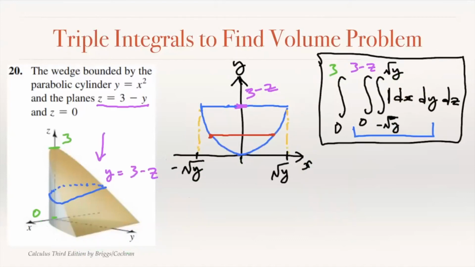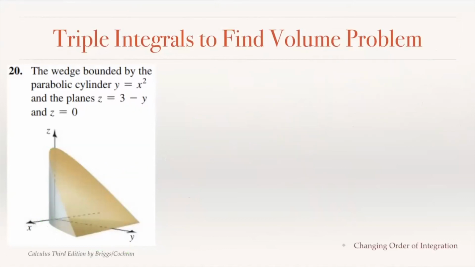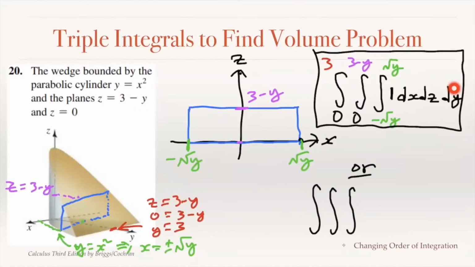We couldn't have done that here because we had this root y on the inner one, but y was the second integral. We could not just swap these two. But here we can just swap because Fubini, y is way out here. So equivalently, we can do dz dx dy, and then that would be 0 to 3 minus y, negative root y to root y, and 0 to 3.